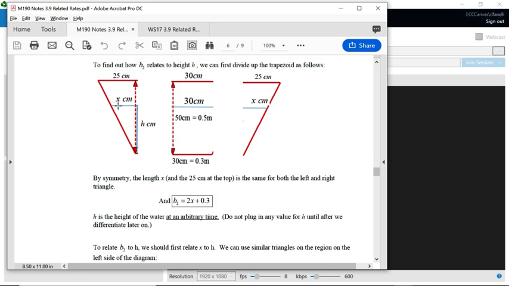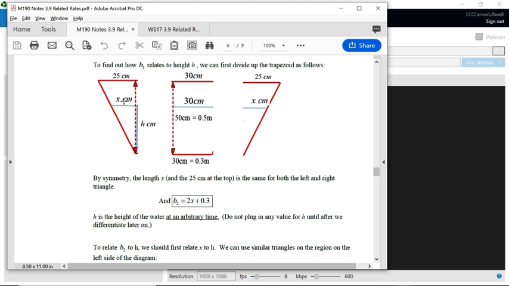If this length right here is x, this length over here would also have to be x by symmetry because this is an isosceles trapezoid. And this length right here has to be 30 centimeters or 0.3 meters, because this center section is just a rectangle. Now how do we find out what x is? We need to know what x is because then B2, the total length of the blue line here, is going to end up being x plus 30 plus x, or 2x plus 30.